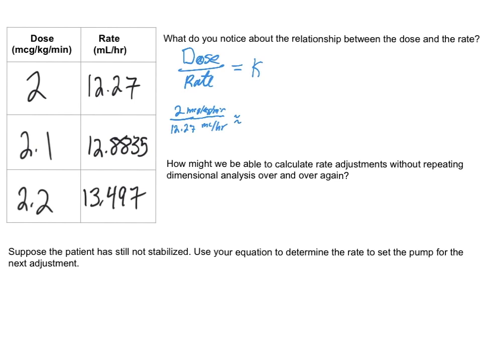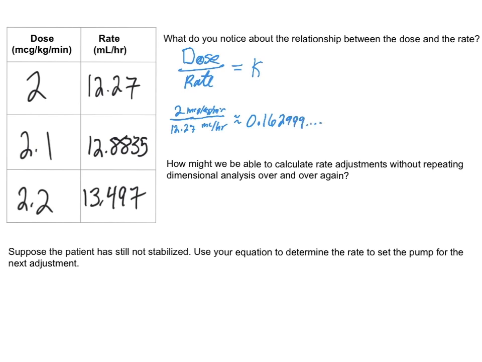If we get our calculator out and we take 2 and divide it by 12.27, we get that this is approximately 0.16299. I'm just going to write that out a little bit, and that continues.